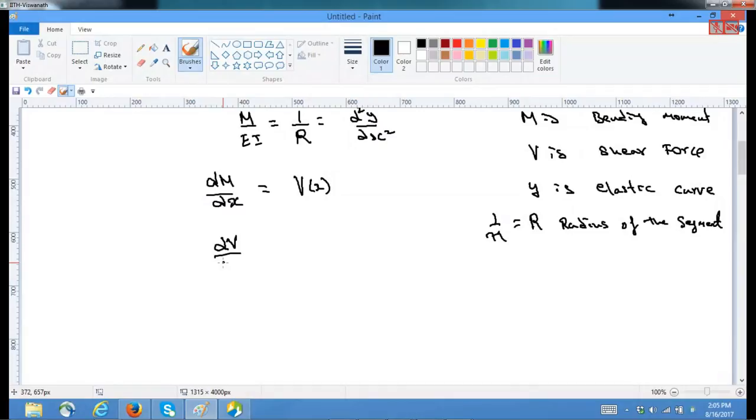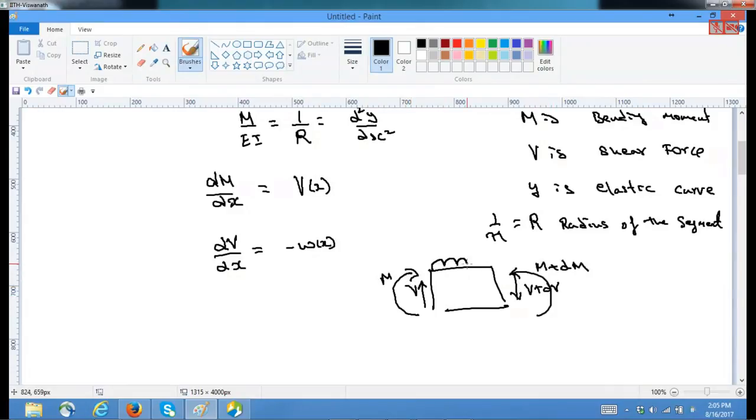That is, if you have V, this is V plus dV, this is M, this is M plus dM, the loading is w of x, this length is dx.